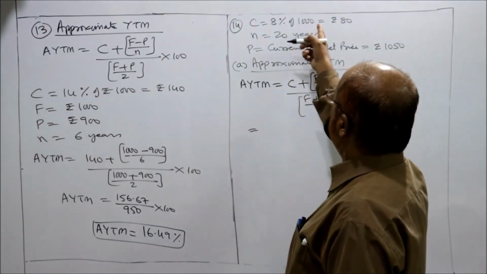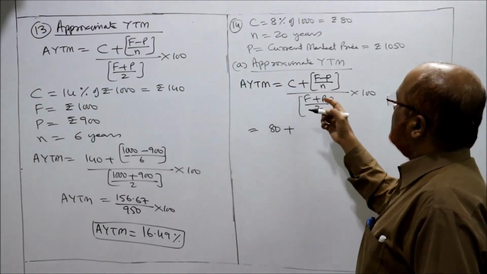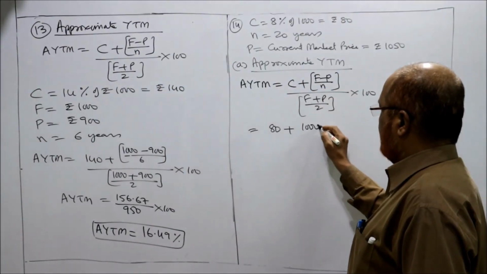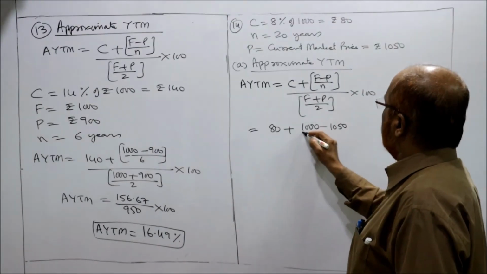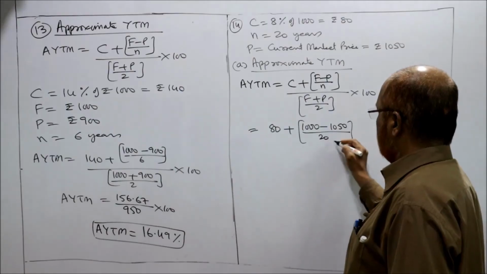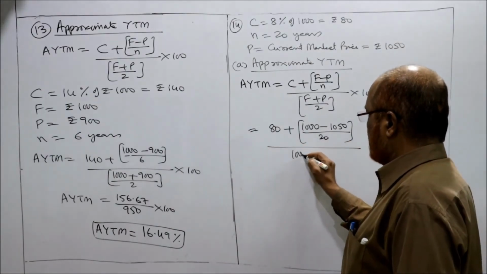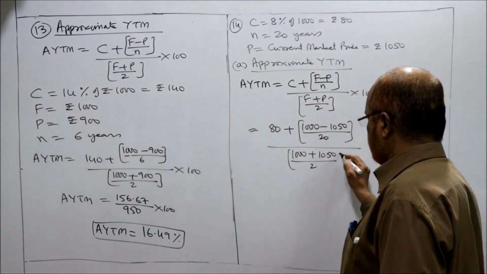C is 80. Redemption price is 1000 minus current market price 1050. And how many years? 20 years. Divided by 1000 plus 1050 divided by 2.